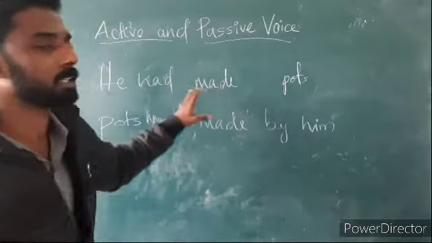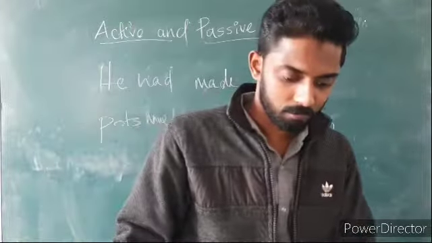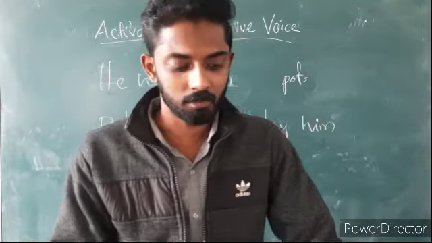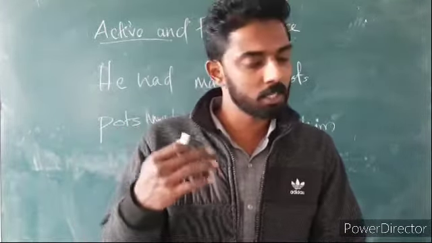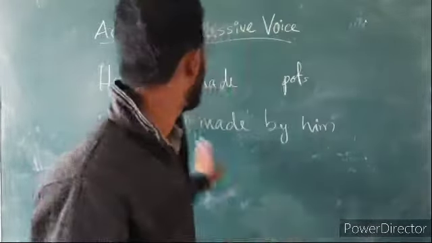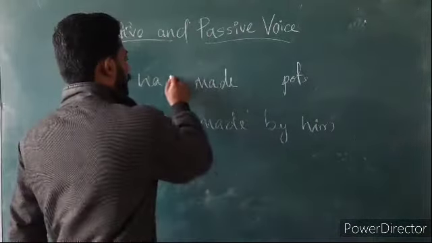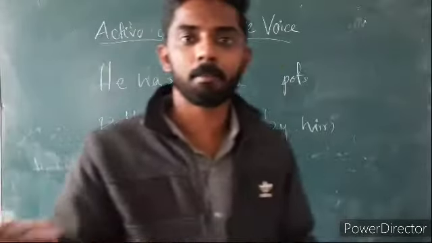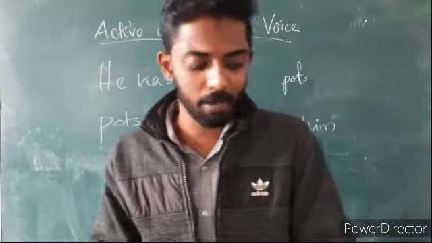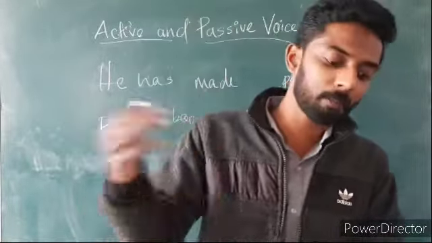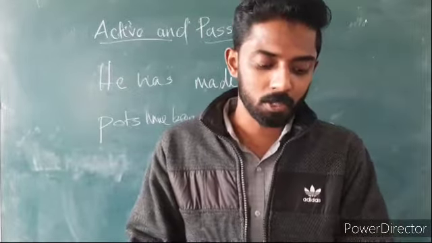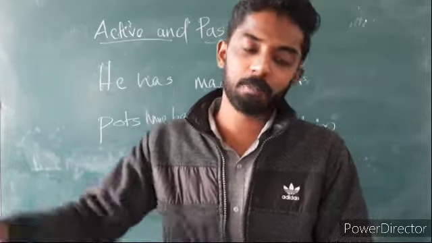Now we have discussed the present form, and the same thing happens with the past and future. For example, he made pots will be changed into pots were made by him. He was making pots will be changed to pots were being made by him.